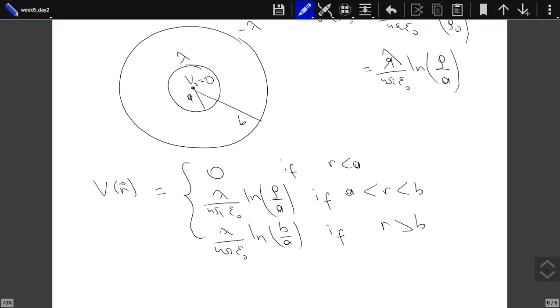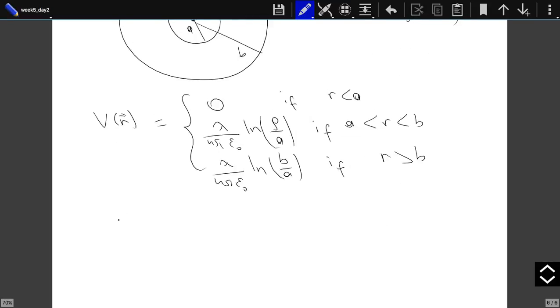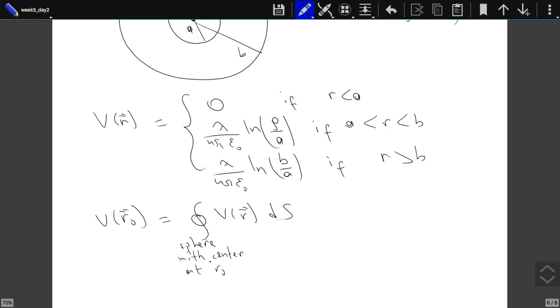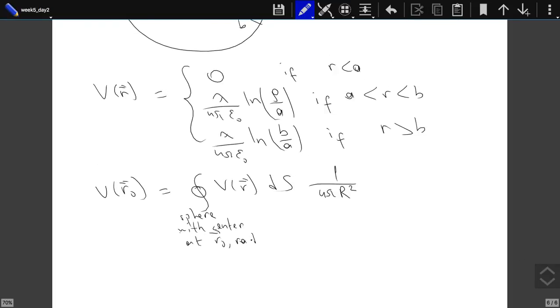Now we have to evaluate. The theorem told us that V at the point R0 is equal to the average of the potential over this closed surface, which is a sphere with center at R0 and radius R, so we have to divide by 4 pi R squared.